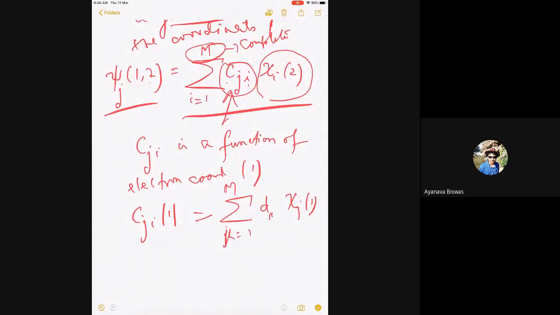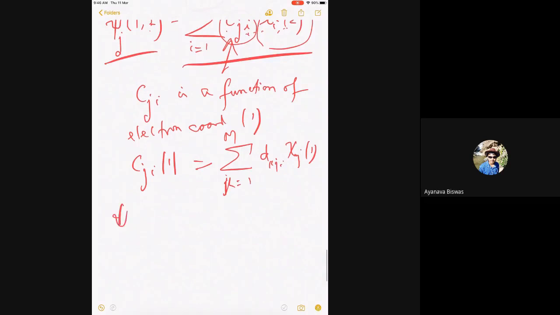So it will be d kji, whatever, it doesn't matter how I do it. The point is, if I now multiply, this will become a product of all chi j, chi I, etc. If I do n dimensional, so that for 2 dimensional I can write psi 1 2 will then become sum over j, sum over I, Cji, chi j 1, chi I 2.